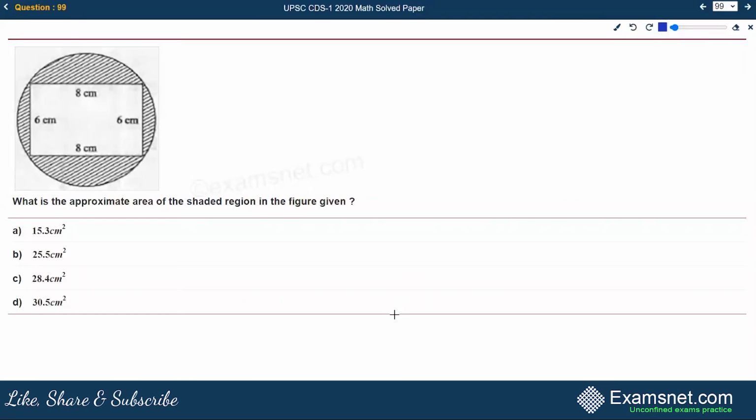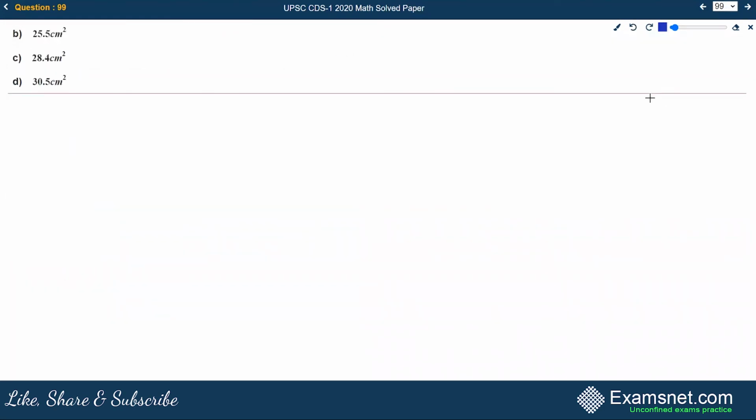In question number 99, we are given a figure in which there is a circle and inside there is a rectangle of length 8 centimeter and breadth 6 centimeter. What is the approximate area of the shaded region in the given figure? We will use two formulas here.